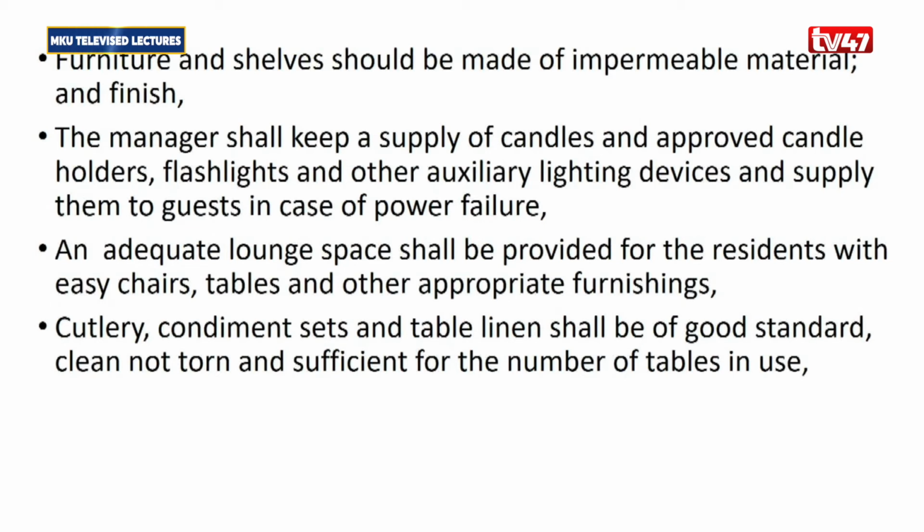When we talk about cutlery, we are talking about things like knives, spoons, and forks. So you must ensure that they are of good quality, they are clean, they have no stains, and also the tables are not cracked and are of good furnishing.